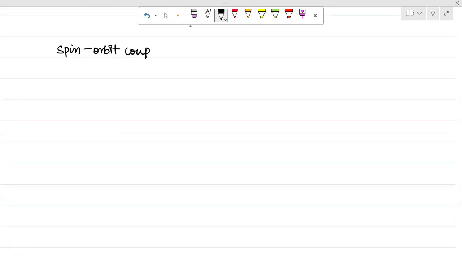Spin orbit coupling means you will have spin motion which leads to some sort of magnetic moment. Along with that, the magnetic moment due to the orbital motion is also contributing. So both of them have combined and you're getting a total magnetic moment. That is the meaning of this question.